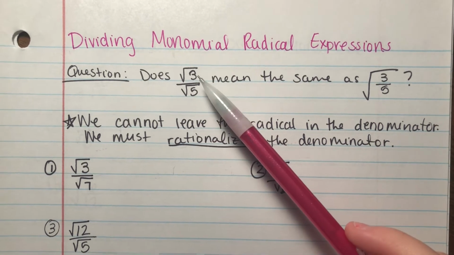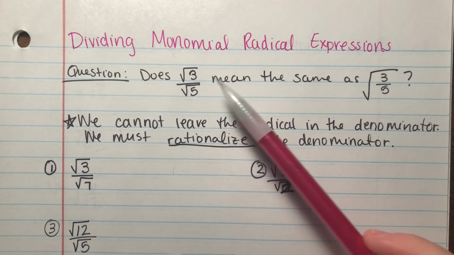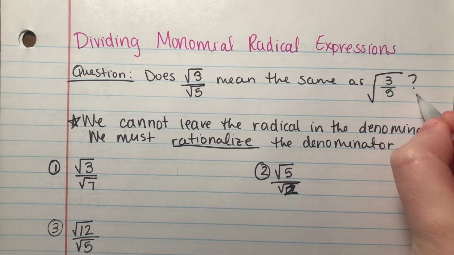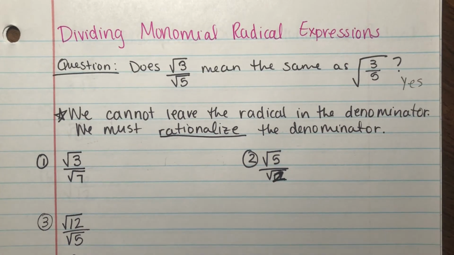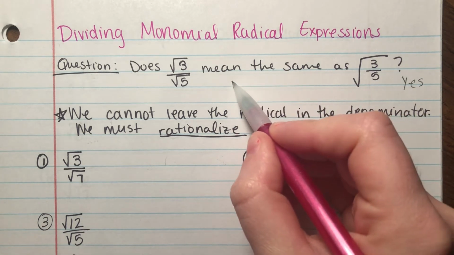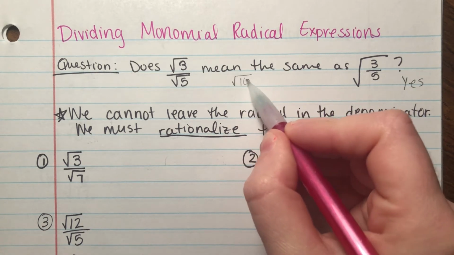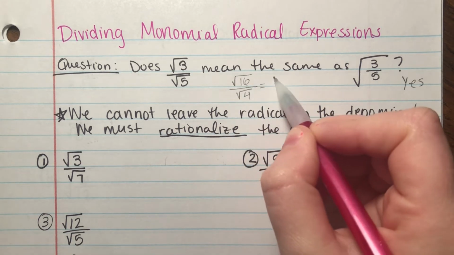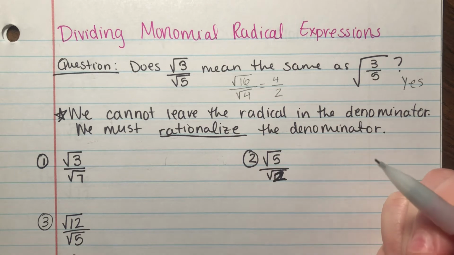Alright, so let's look at this first question. Does the square root of 3 over the square root of 5 mean the same as the square root of 3 over 5? Yes, it does. And the reason for that is, let's say we had the square root of 16 over the square root of 4. So that would be 4 over 2, right?